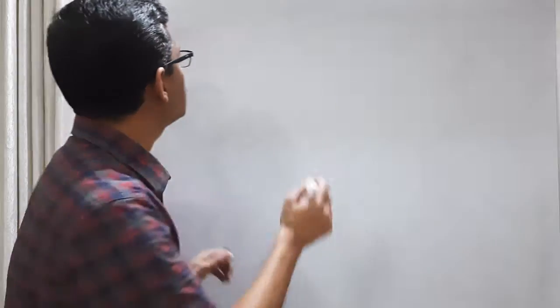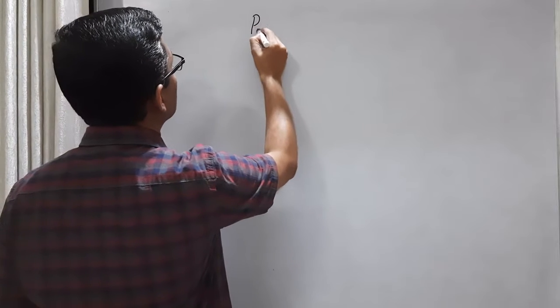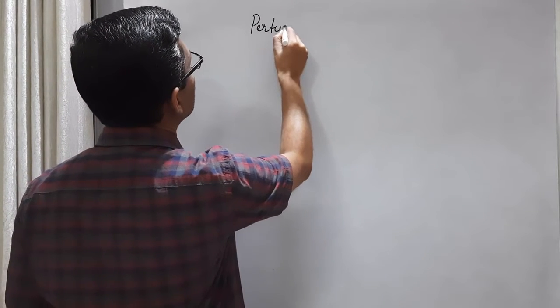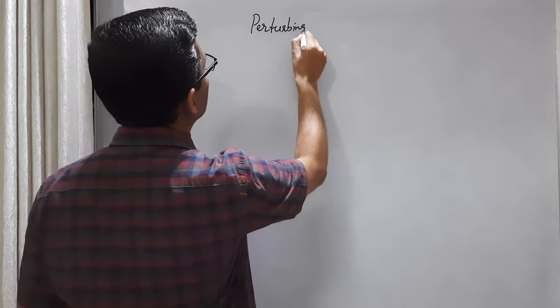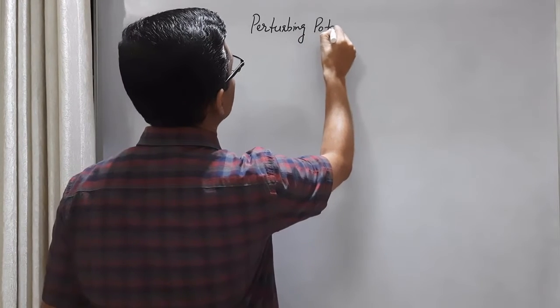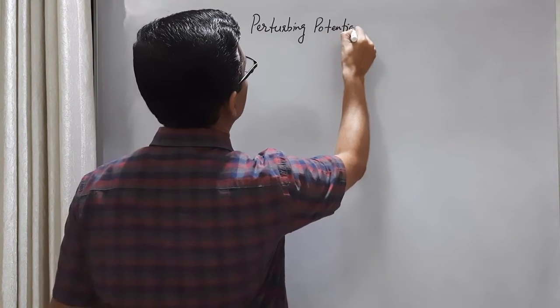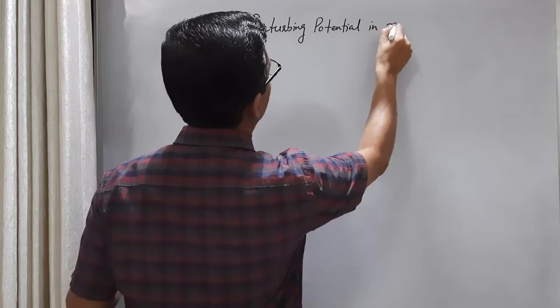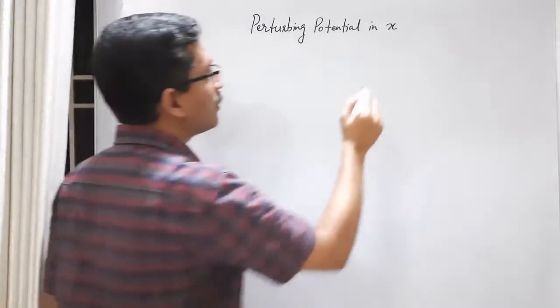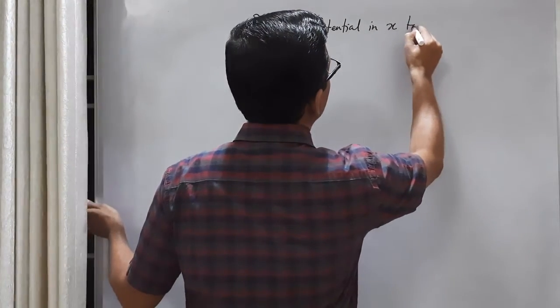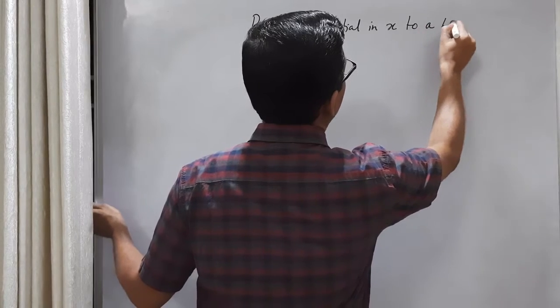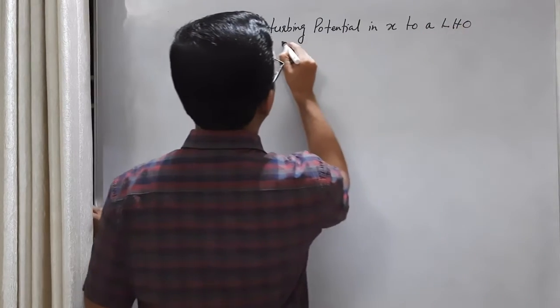So this is the problem: perturbing potential in x to a linear harmonic oscillator.